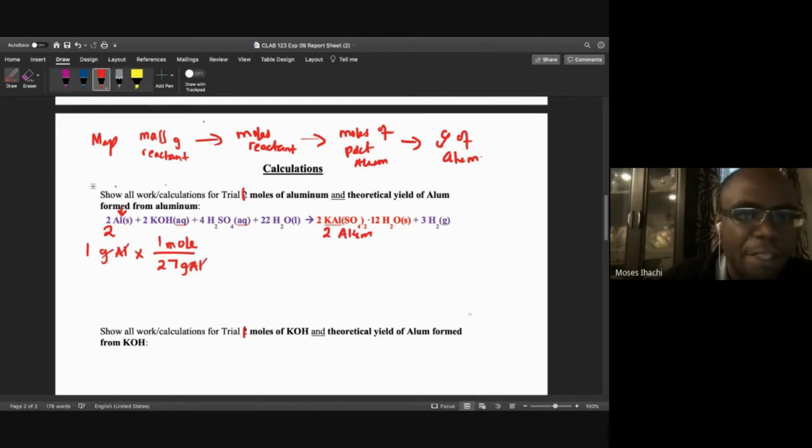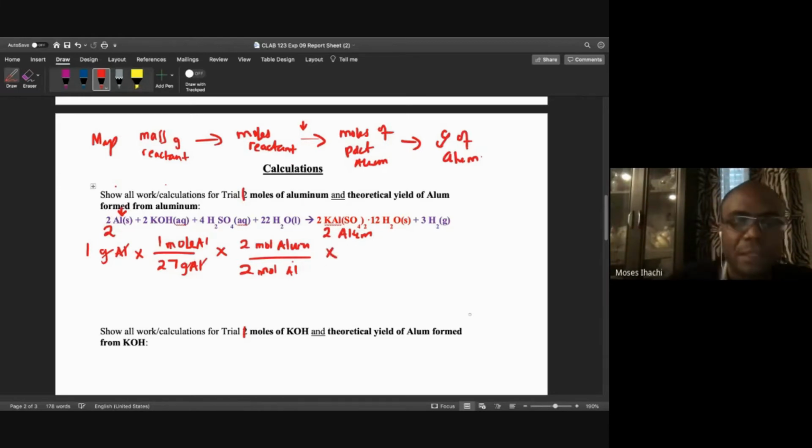So now we are left with moles of aluminum. We want to convert moles of aluminum to moles of alum. We have to use the reacting ratios. For every 2 moles of alum, you need 2 moles of aluminum according to the balanced equation of reaction. And you have to show all these steps.